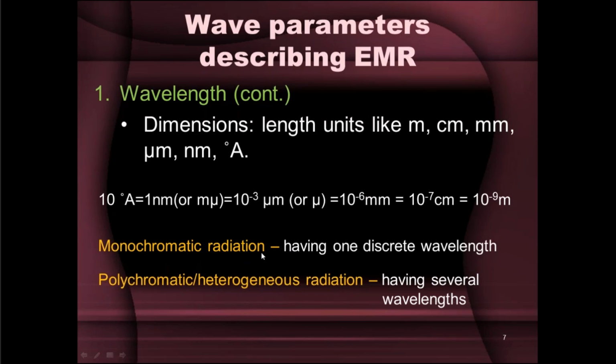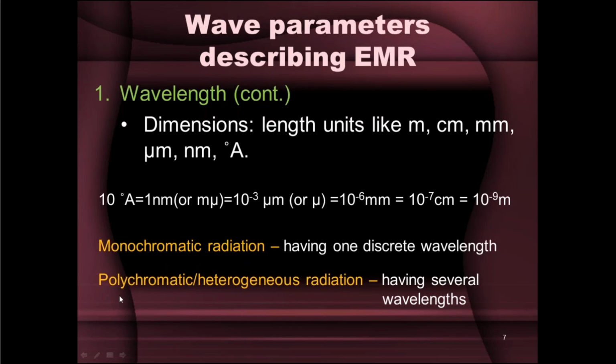It's a radiation having one discrete wavelength, that is, all the rays have the same wavelength. Polychromatic radiation means a number of wavelengths are present in a beam of radiation. So several wavelengths are present, then it's called polychromatic radiation.